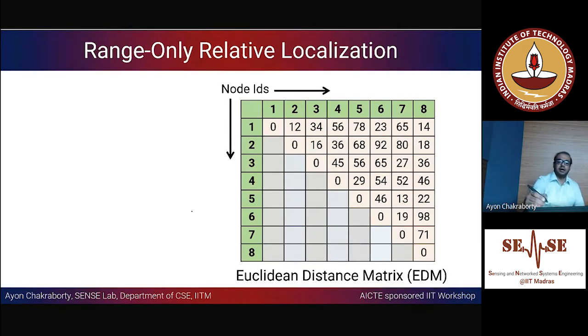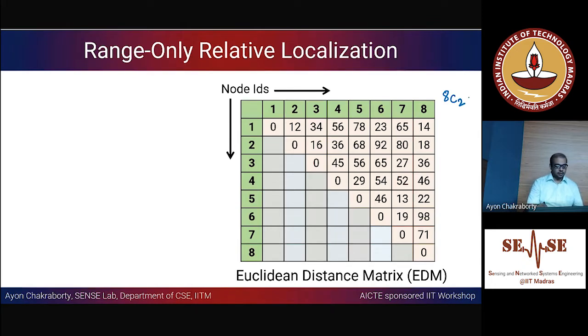So you have 8 choose 2 number of edges, right? And this is the matrix which we call the Euclidean distance matrix, or EDM. Okay, so we have to know the topology or the relative geometry of the nodes given this information.